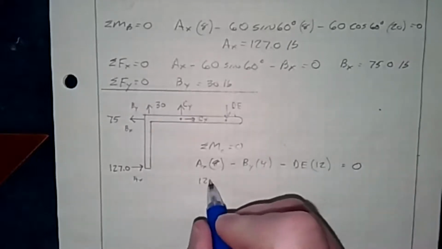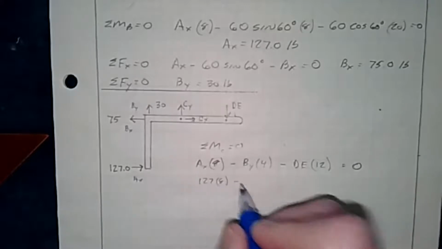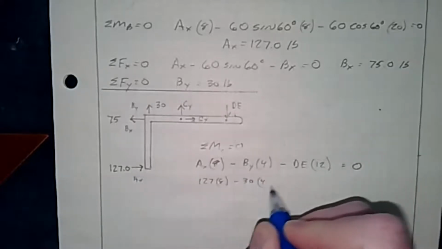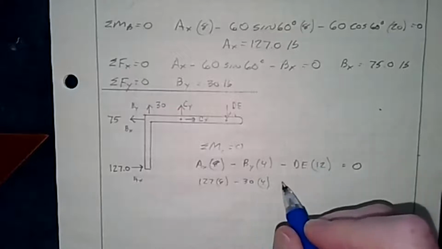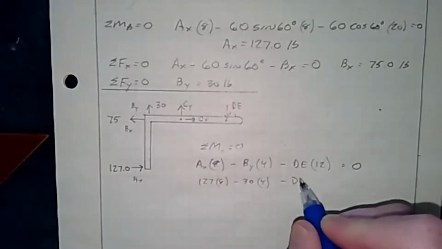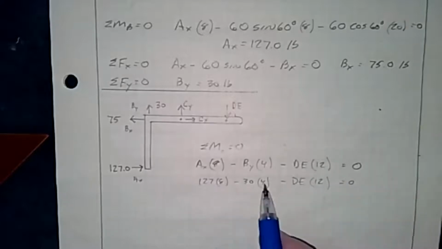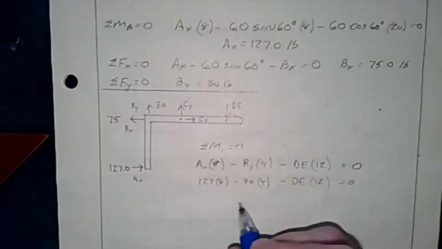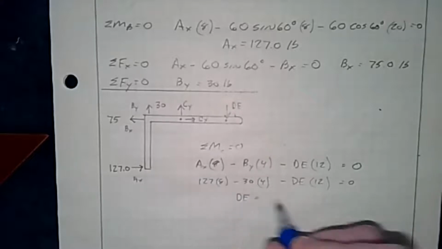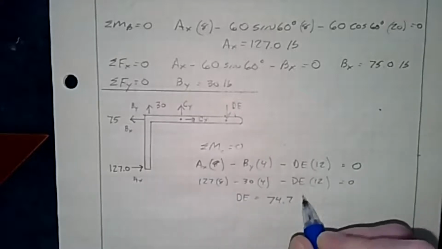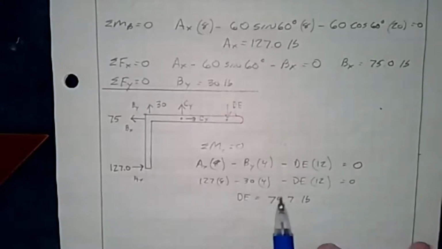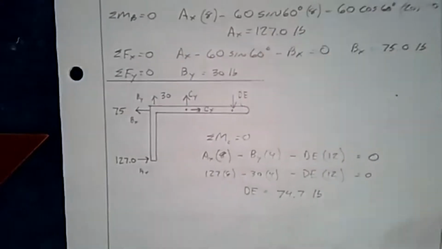So we have 127 times 8 minus 30 times 4 minus DE times 12 equals 0. That's a lot bigger number than that, so it makes sense that it'd be negative. So DE is equal to about 74.7 pounds.